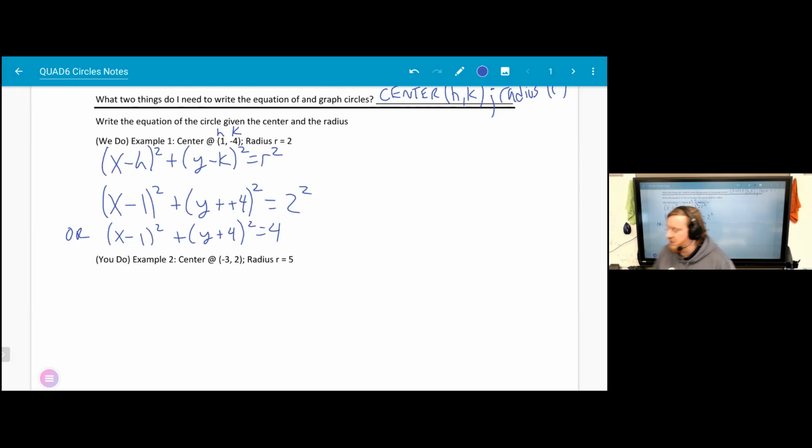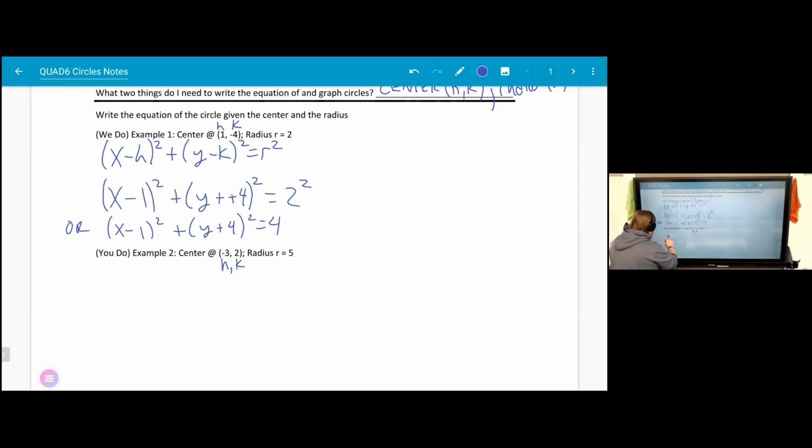Okay, now that you are back, what we're going to end up with, we're going to treat our center once again as h comma k. Our radius is r. It's already right there. And we can rewrite it again. X minus h squared plus y minus k, that quantity, squared equals r squared.